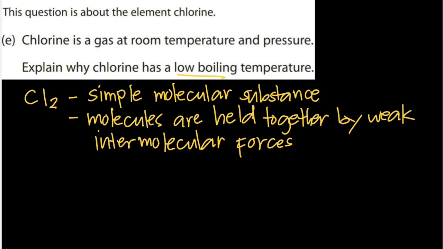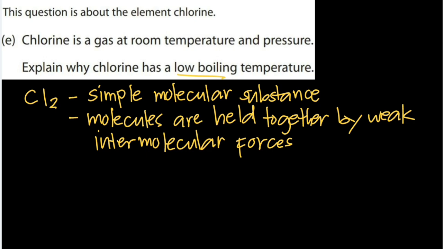All right, the same number. Another question. Chlorine is a gas at room temperature and pressure. Explain why chlorine has a low boiling temperature. So chlorine, or Cl2, chlorine gas, is a simple molecular substance.